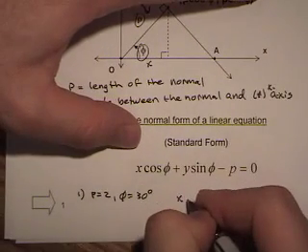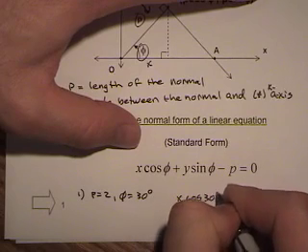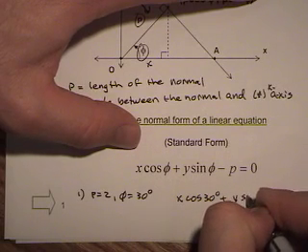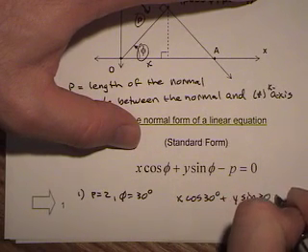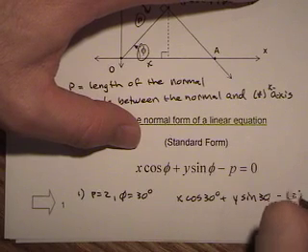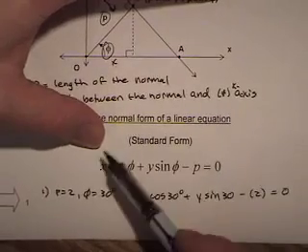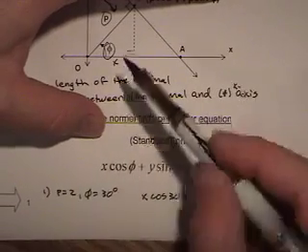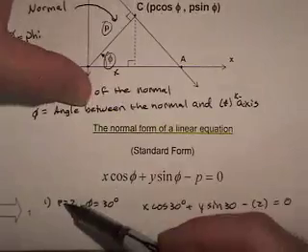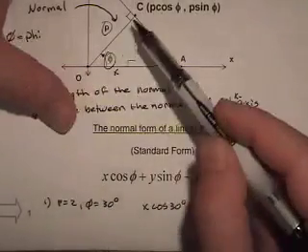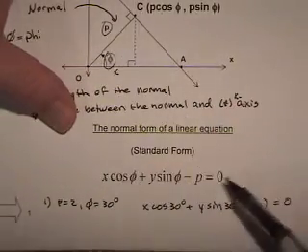It's going to be x cosine 30 plus y sine 30 minus p. So you plug it all in. All I did was take my givens. They're just polar coordinates too, a distance and a direction. I know the length and I know the angle, so I can write it out.